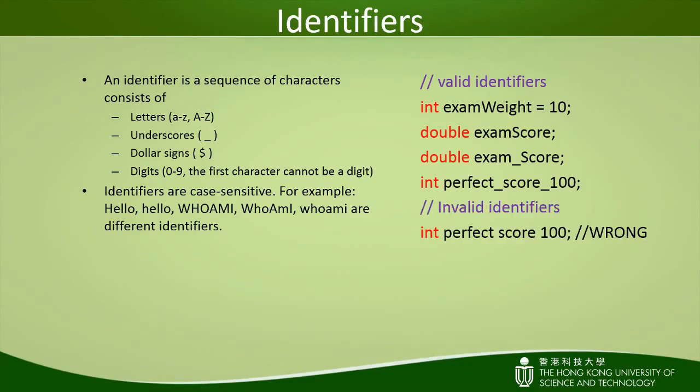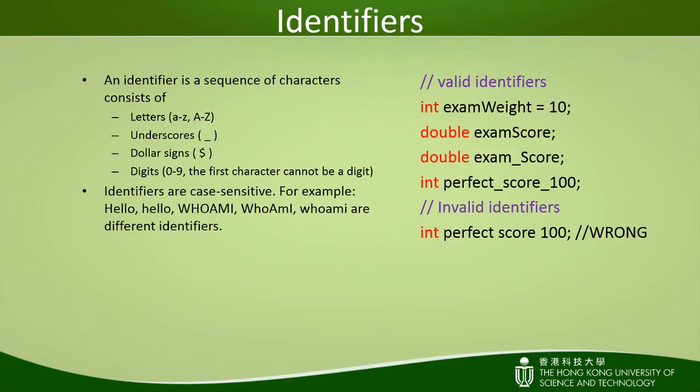You can also add underscores in between words, for example, exam_score and perfect_score_100. But space cannot be included as part of an identifier. So perfect score 100 with spaces in between is not a valid identifier.